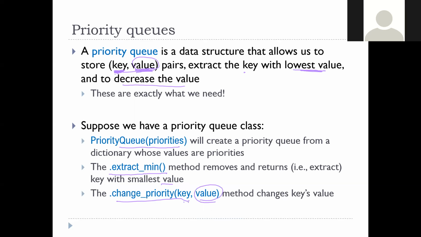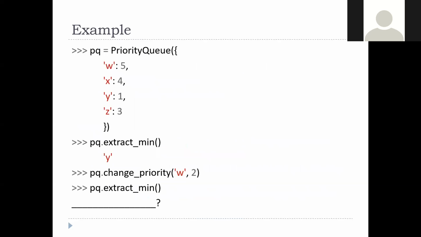All right. In practice, how is a priority queue implemented? Well, we're going to talk about it in a minute. Here's just an example showing what the priority queue is doing. Let's say that I initialize the priority queue to be the following pairs. There are 4 elements. They are the pair key W with value 5, key X with value 4, key Y with value 1, key Z with value 3. Now if I perform a query that says extract the min in this priority queue, what does it mean?